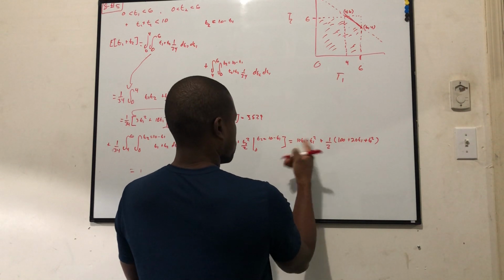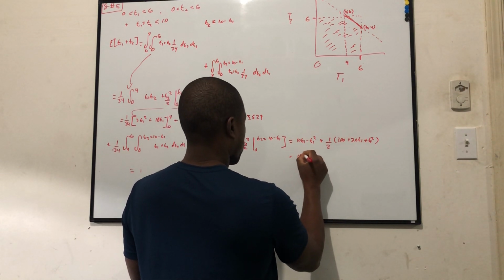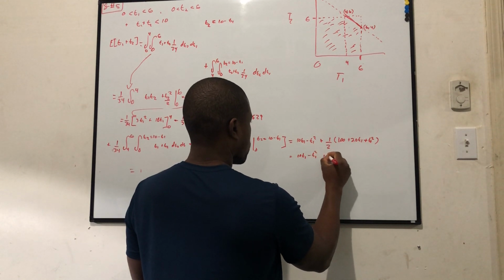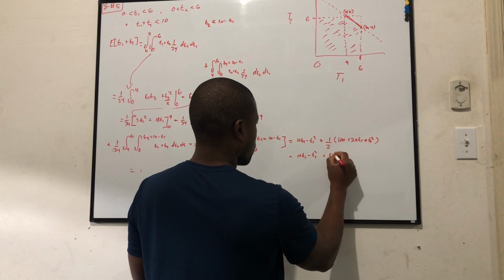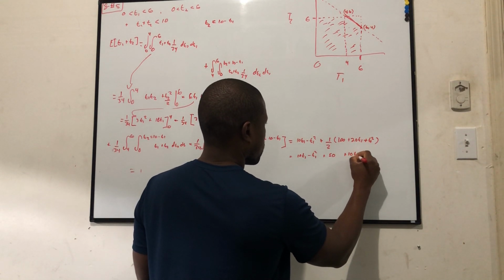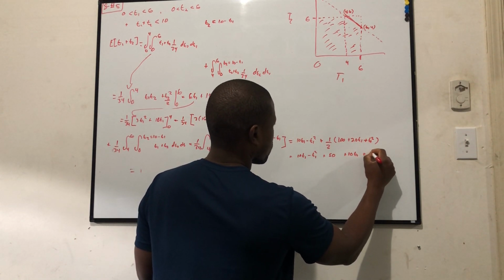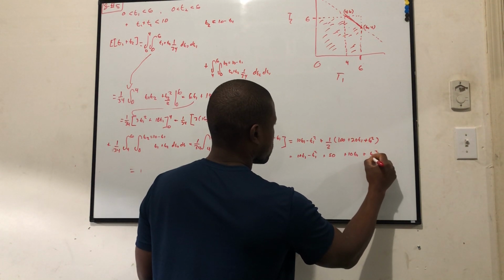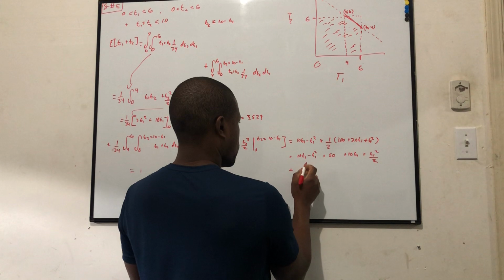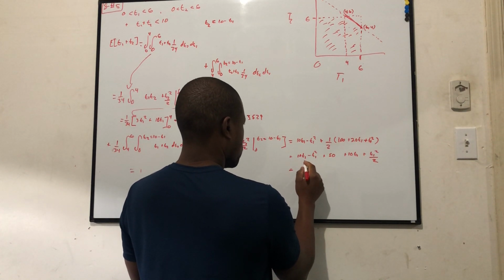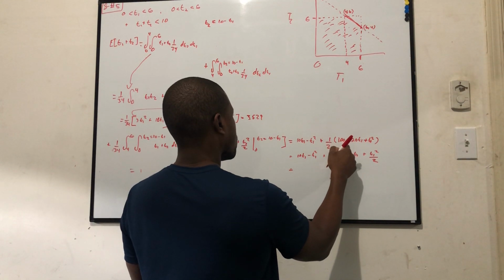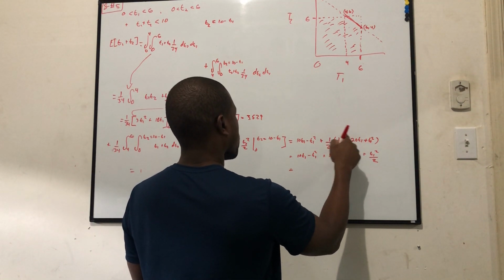And I'm just going to clean some of this up a little bit before I move back on. This will be 50. This will be 10. And this will be T1 divided by 2. And let's see. Aha.